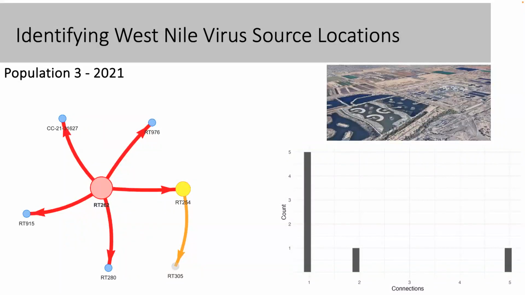And so yet again, this is probably providing ideal habitat for mosquito and bird, so great West Nile virus proliferation from this site. But we wanted to get more information from this population in particular because we saw this population persist into 2023.